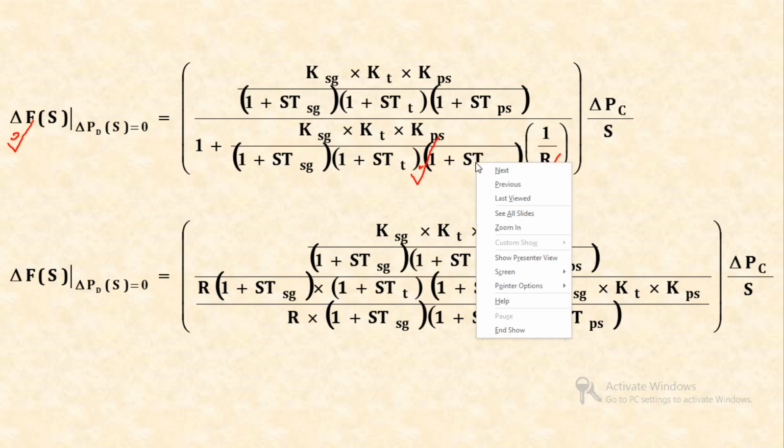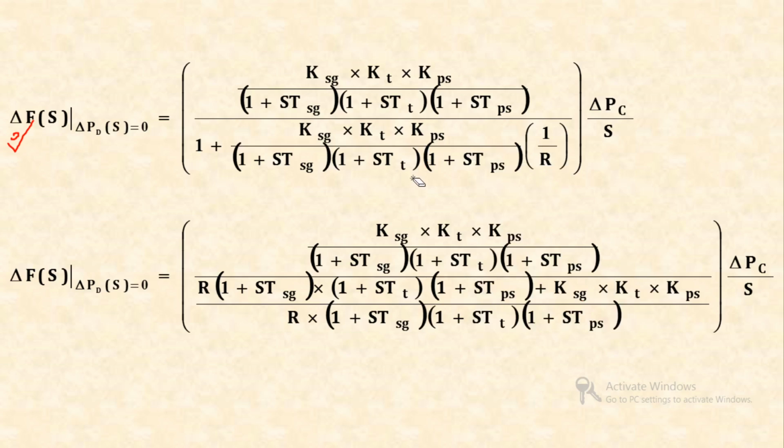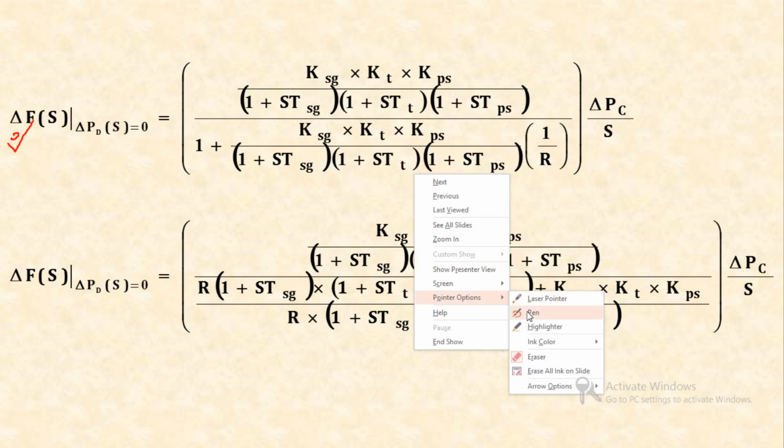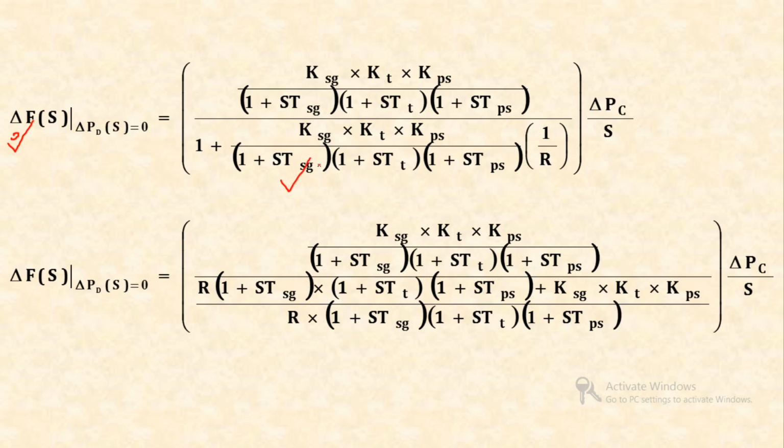Again we have to take the LCM. For the LCM we have to consider all these four terms: 1 plus STG, 1 plus STT, 1 plus STPS and R. So all these four terms will be multiplied with this 1. So 1 into all these four terms will be as it is, plus this term KSG KT into KPS, and the whole divided by this LCM.